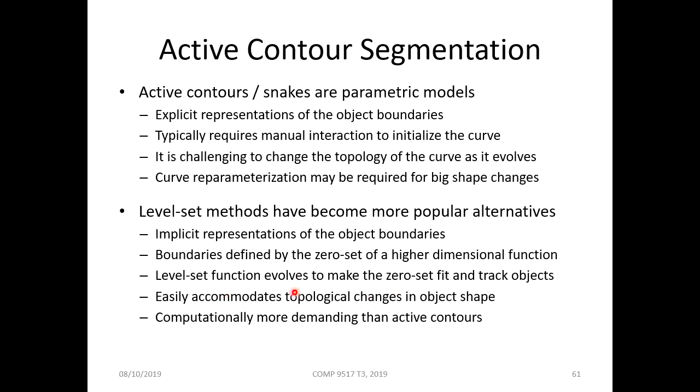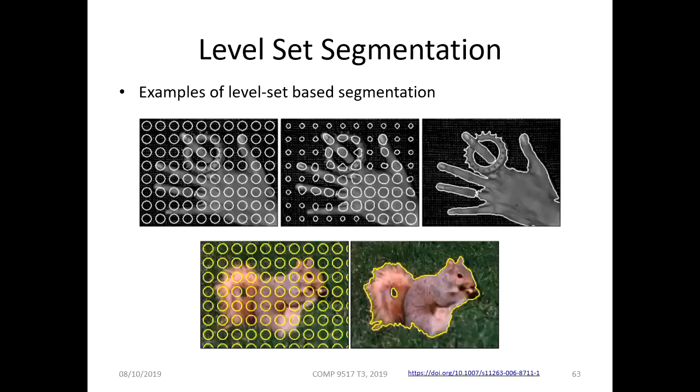You evolve this level set function to make the zero set, this cut plane, fit and track objects, and it allows topological changes. Of course, this is a much more computationally demanding solution than the simple explicit two-dimensional active contour methods, but it tends to be more robust and more flexible in dealing with different types of shapes.